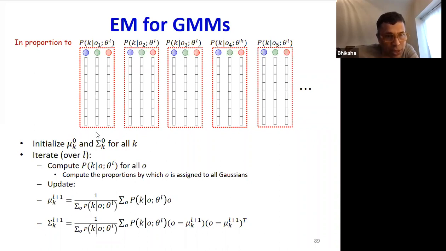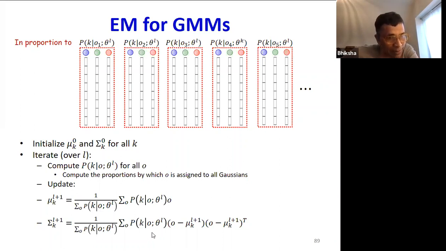You're going to initialize your model parameters. Then you're going to complete the data in every possible way by filling in the missing information in proportion to the a posteriori probability of the missing components. And then now that you have the completed data, you can segregate the data out into the individual Gaussians and re-estimate the parameters for the Gaussians.